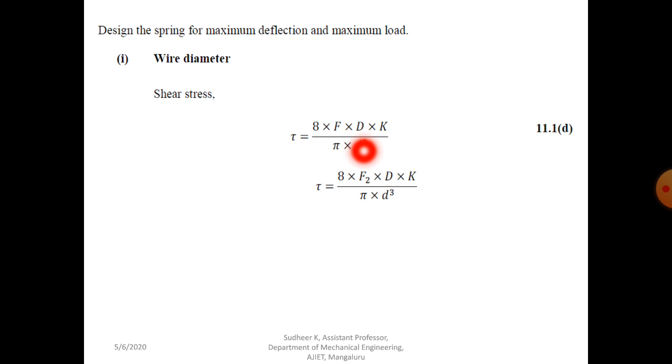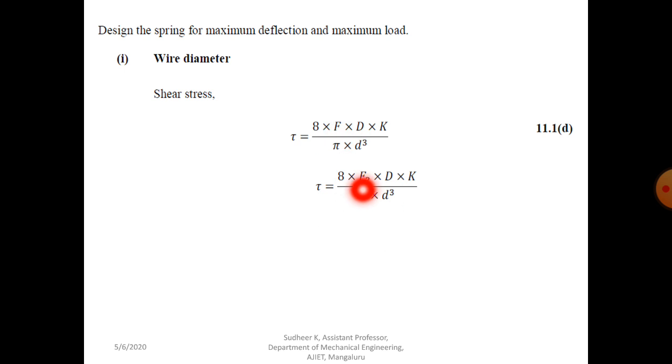So for that reason we have to use the spring index C, that is capital D divided by small d, and make one equation. That equation you have to substitute either in place of capital D or in place of small d.